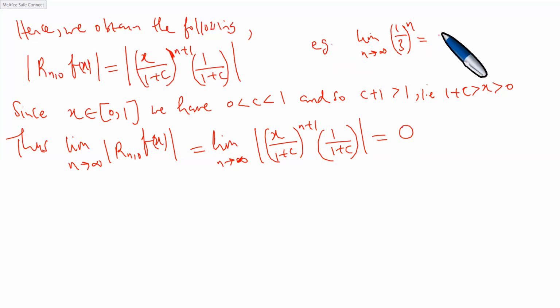You can write this as the limit as n approaches infinity of 1 over 3 to the power n. With n approaching infinity, this is 3 to the infinity, and what is 3 to infinity? It is infinity. 1 over infinity becomes 0. So that becomes 0. So the fraction is between 0 and 1. Okay, so this is just an example.